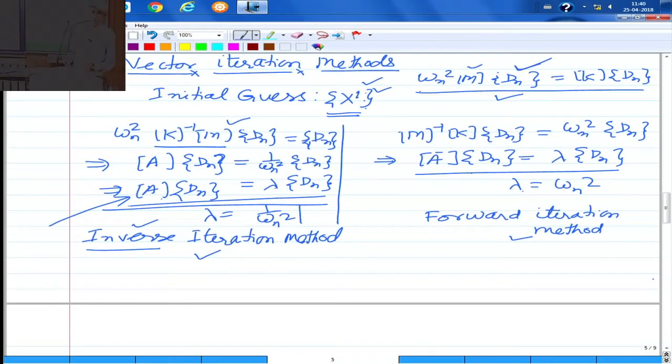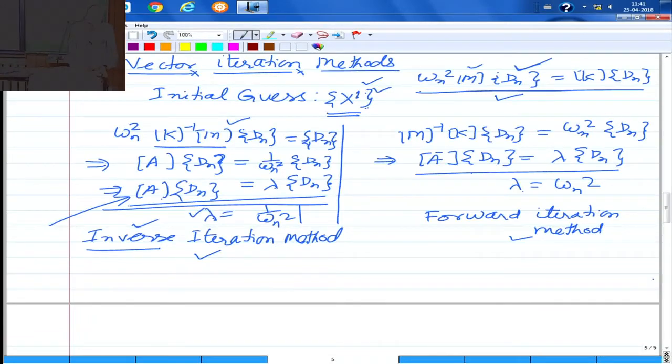I start with an initial guess x1, then take another vector x2 which is A into x1, then the third vector x3 which is A into x2, and so on. If I do that a sufficiently large number of times, the resulting vector will converge to the mode shape corresponding to the largest value of lambda.